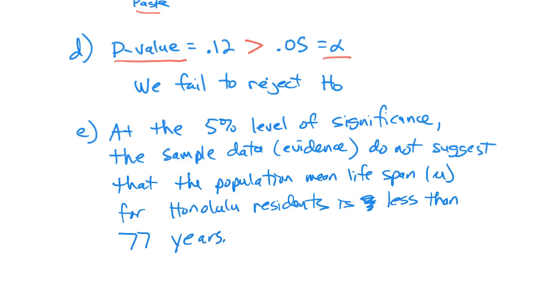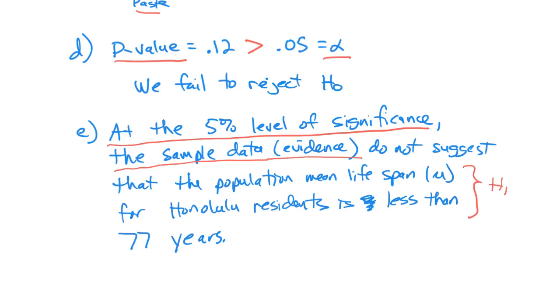If you break this into parts, you can see it's the same as before. At the alpha level of significance, you just mention that. And then we say something like the sample data. Remember that our book always interprets the conclusion in terms of H1, which you don't have to.